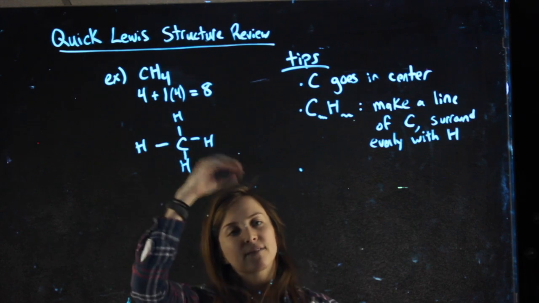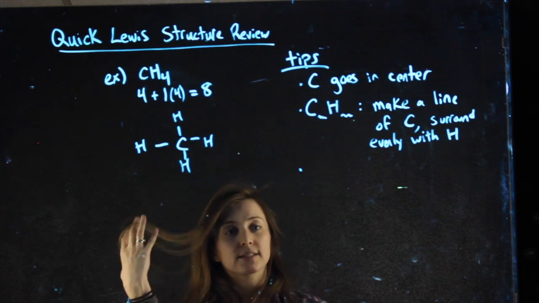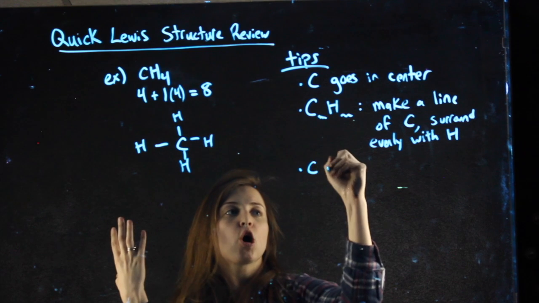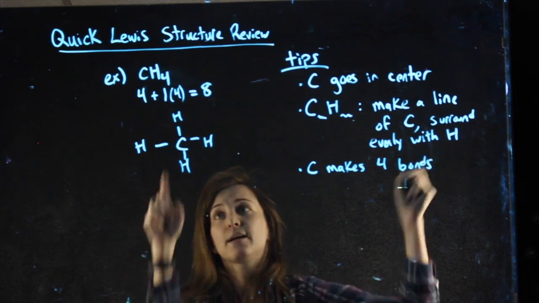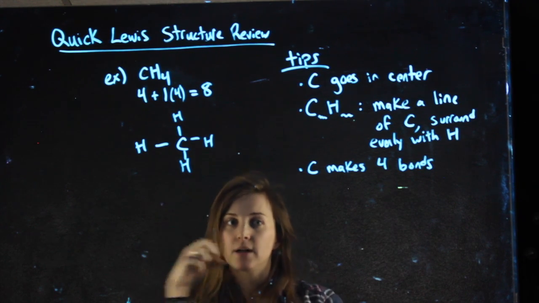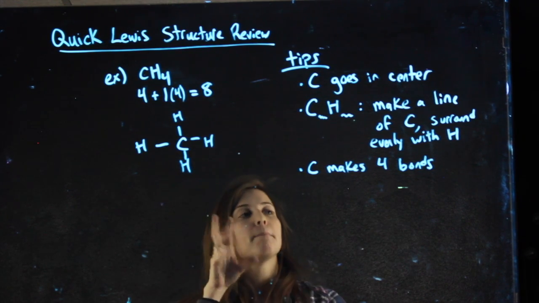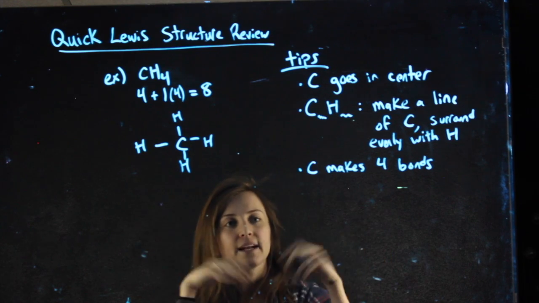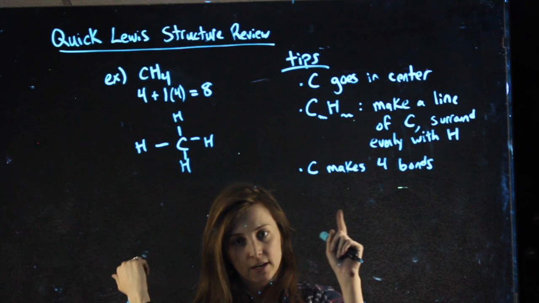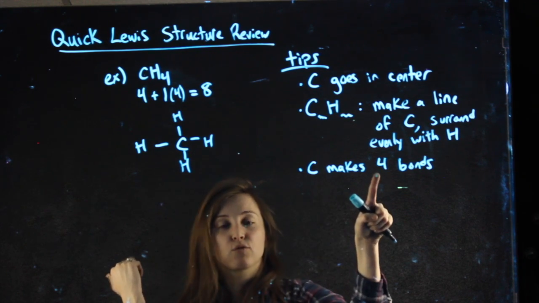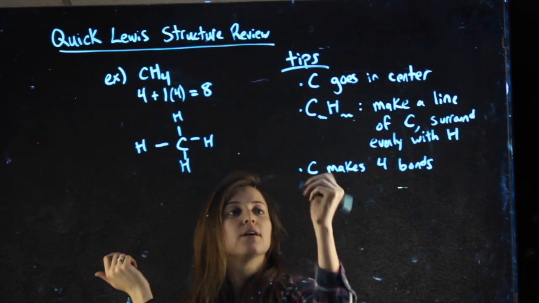Again, while you're checking to make sure everyone is happy, some shortcuts that will help is know that carbon makes 4 bonds. It can be 4 single bonds, it can be 2 double bonds, it can be a double and 2 singles, but carbon always wants 8, and just pattern recognition over time, you've never seen carbon with a lone pair. So make sure every carbon always has 4 lines, bonds, coming out of it.